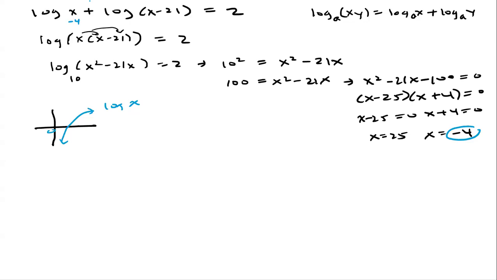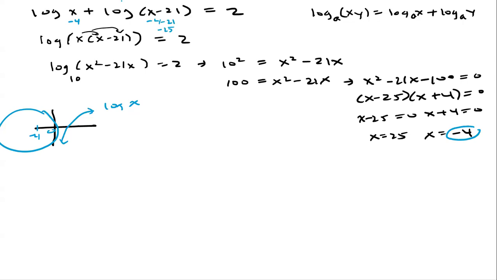Because -4 is somewhere out here, and the graph doesn't exist there. So it will give me an error. And also, if you plug it into this one, this will be -4 minus 21, which is -25.